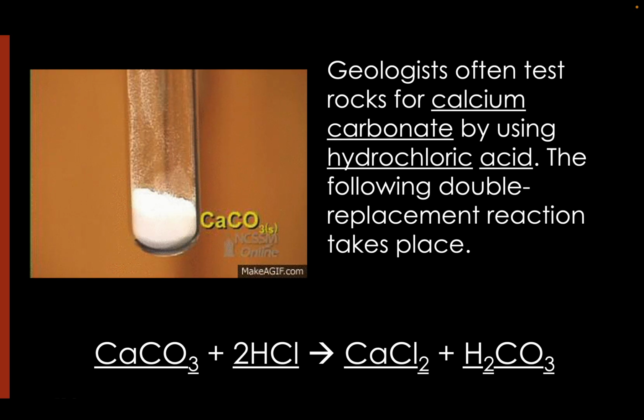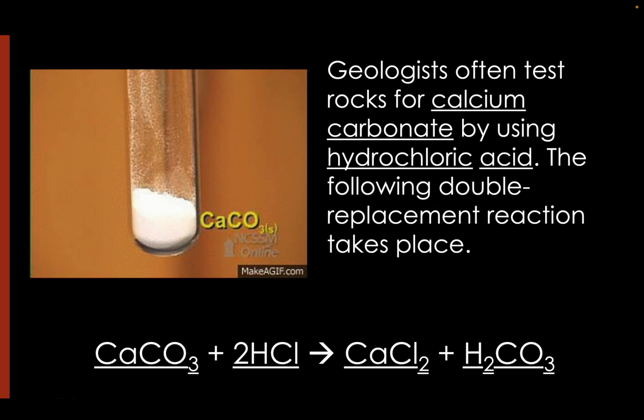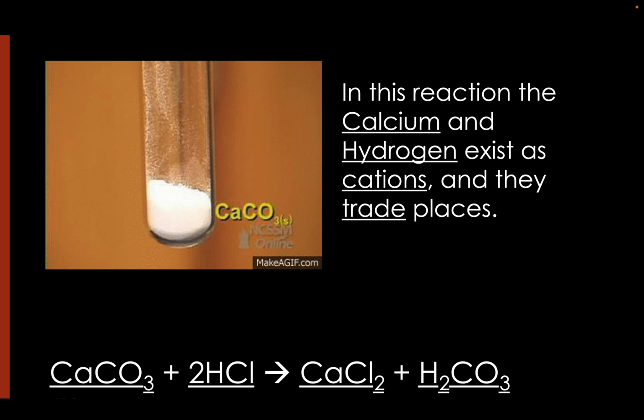And in the second replacement, we have hydrochloric acid, HCl, and the Cl in the hydrochloric acid is going to be replaced by carbonate, which is CO3. So instead of HCl, we have H2CO3. Okay. So in this reaction, calcium and hydrogen exist as cations.